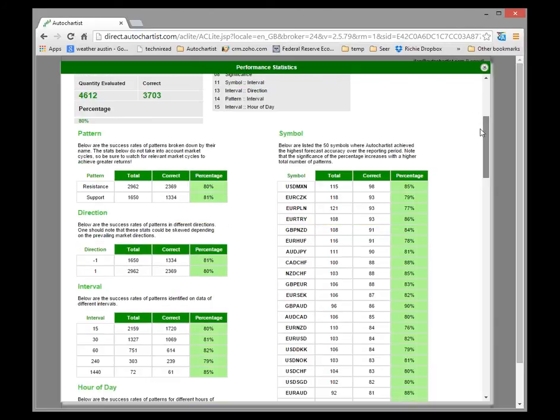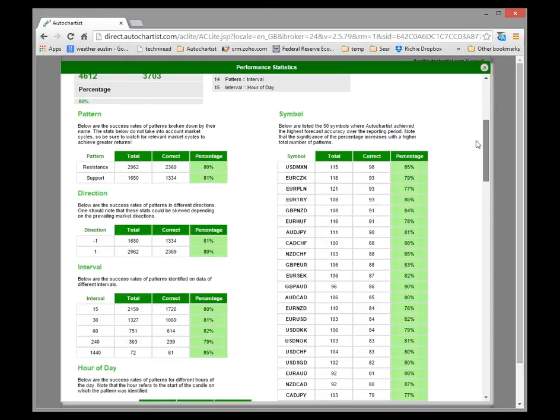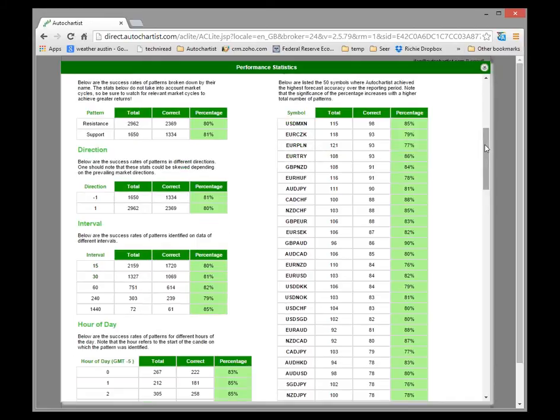It's kind of the wee hours of the morning in New York. That is certainly the time that chart patterns perform the best on the forex market, and this is quite clear here.